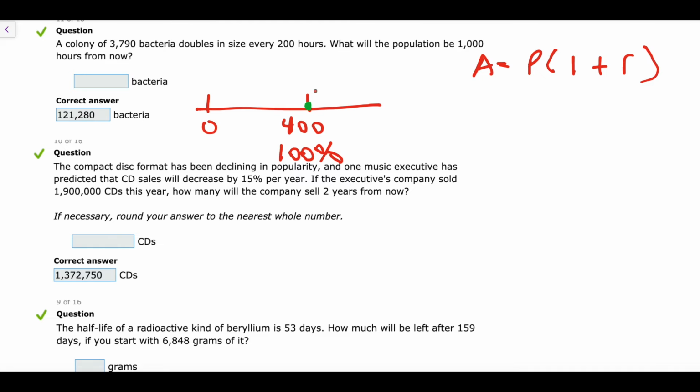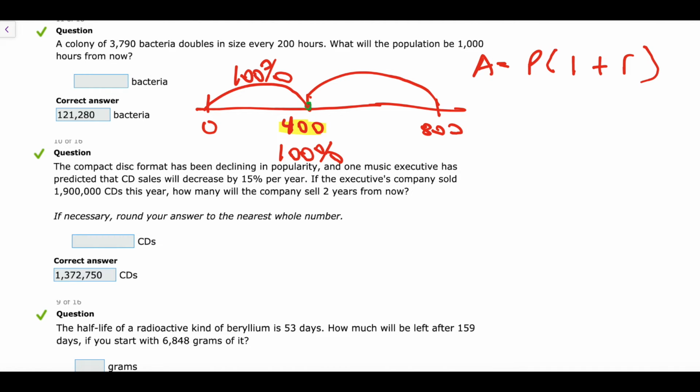Yes. All right, if we were to double 400, what would that new number be? 800. So if this is 100%, what's the percentage to get to 800? 200%.